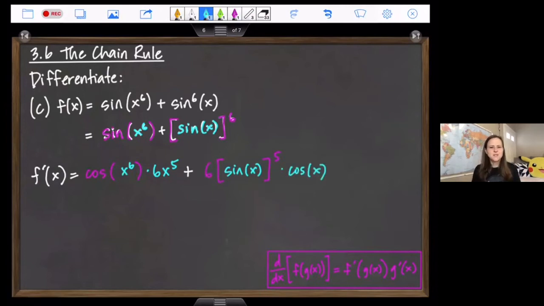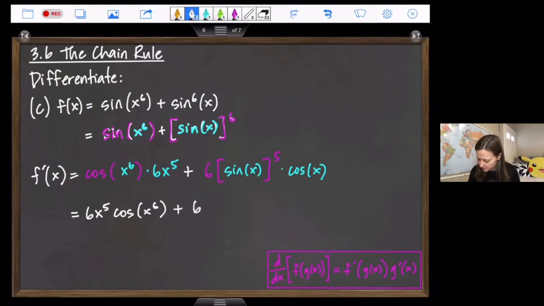All right, so let's try to clean all of this up. So for my first function, cosine of x to the 6th, that x to the 6th is trapped inside the cosine function. So you're not going to combine it with that 6x to the 5th. All I can do is maybe bring this 6x to the 5th out front. So that's our first term simplified. Our second term, I'm going to bring the cosine up front with the 6.